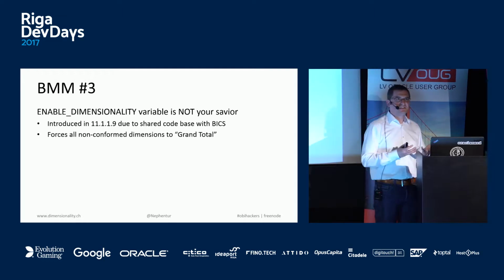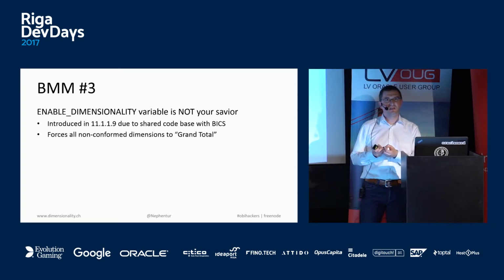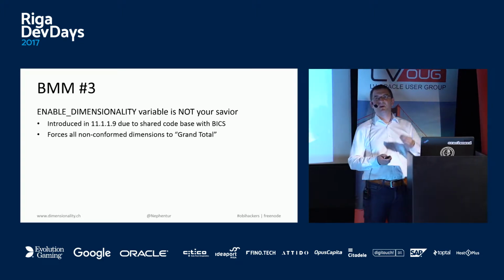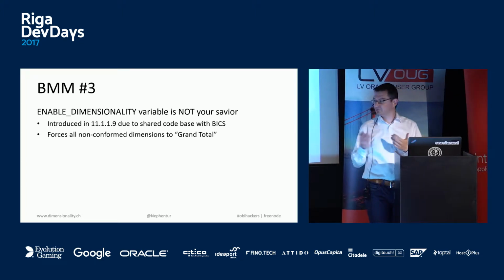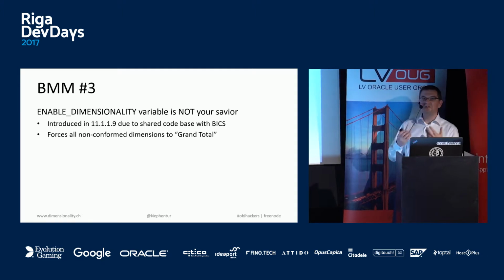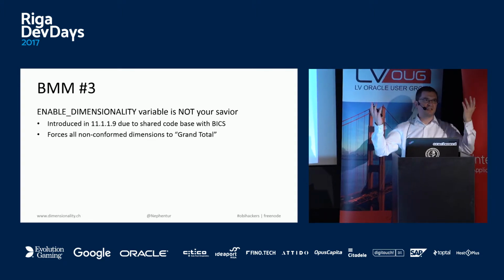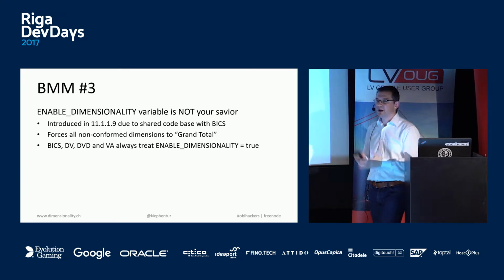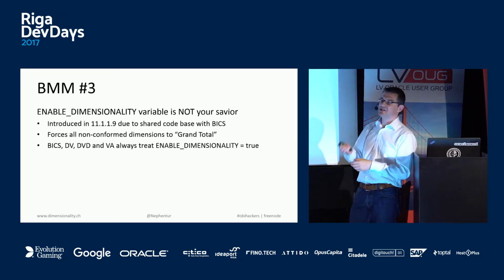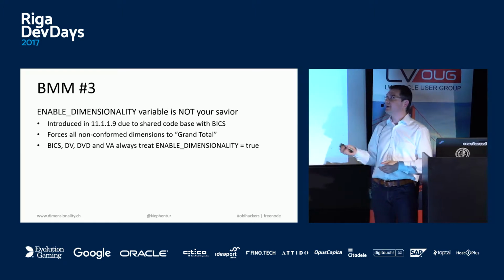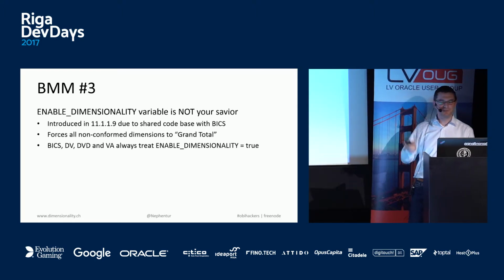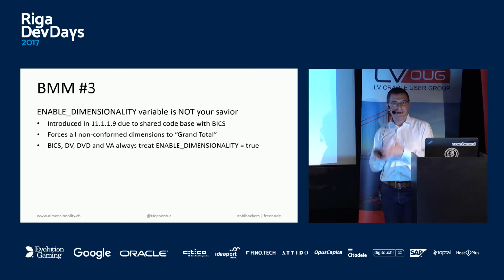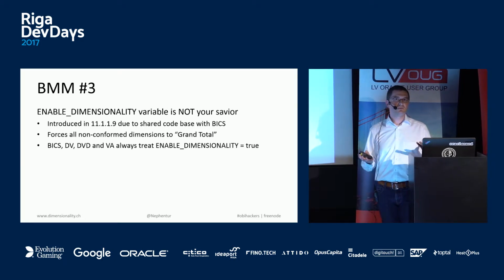What this does is it tells the engine, if there's nothing that specifies what kind of content the dimension or the fact contains, just assume a grand total and bring us back numbers. Which is really cool for products like Business Intelligence Cloud Service, Data Visualization Desktop, and Visual Analyzer. That's what these nice little abbreviations mean. It just takes too much space. So they assume that enable dimensionality is always true.